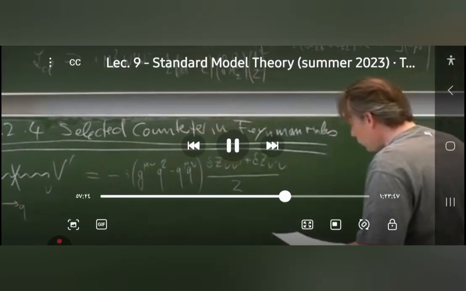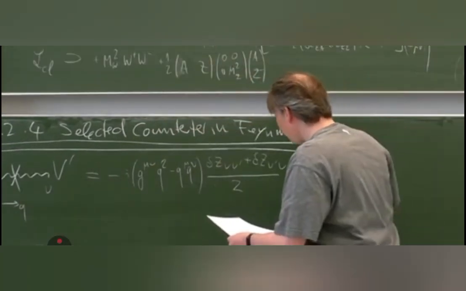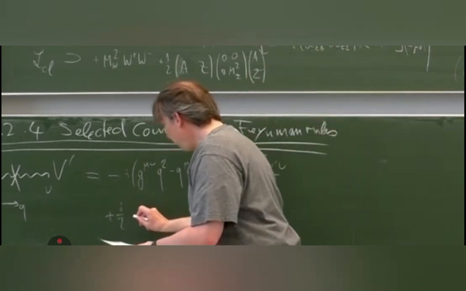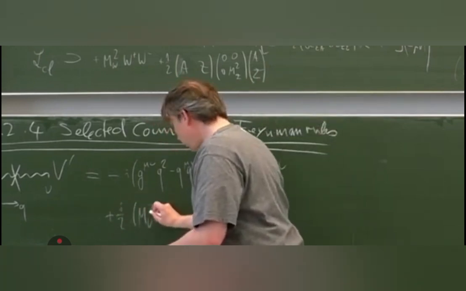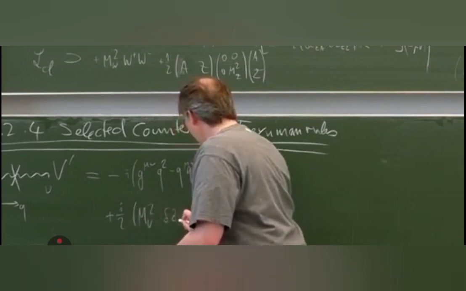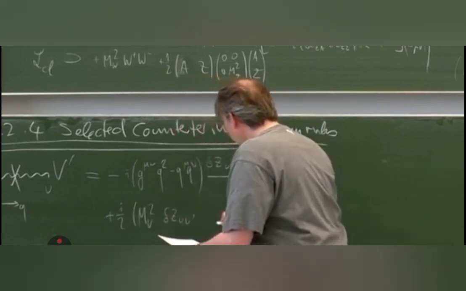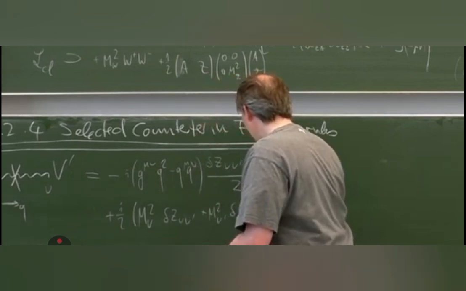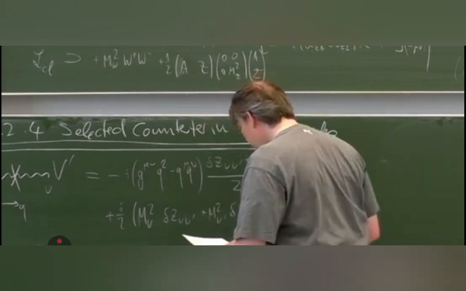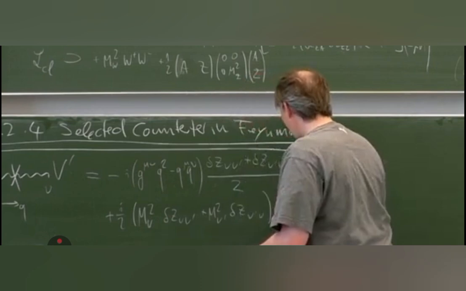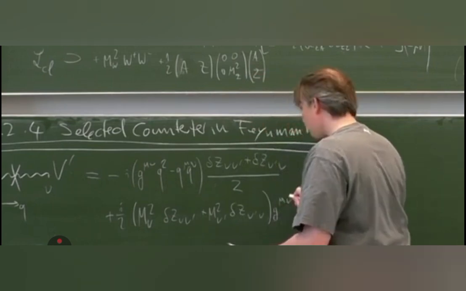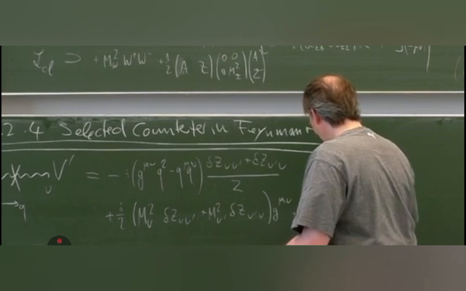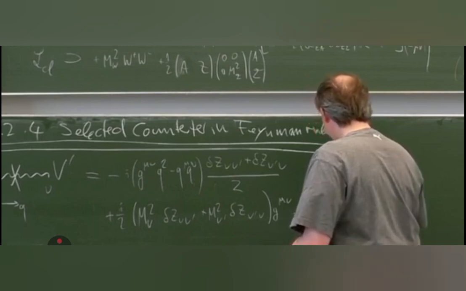Then from the mass, we get the following: plus i over 2 times M_V squared delta Z_VV prime plus M_V prime squared delta Z_V prime V times g mu nu, plus i delta M_V squared Kronecker delta VV prime.